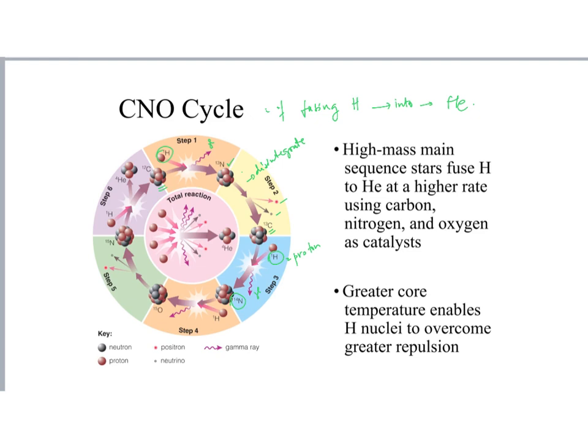In step 4, that nitrogen 14 nucleus is going to capture again another proton, and the end result is again some gamma rays, some light, and a new nucleus, oxygen 15, which will disintegrate into nitrogen 15, a new type of isotope.